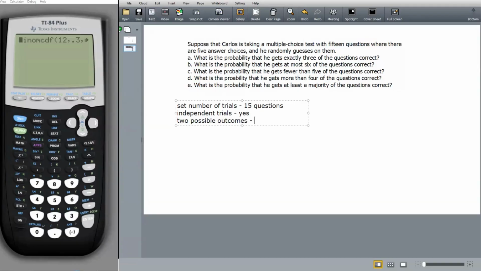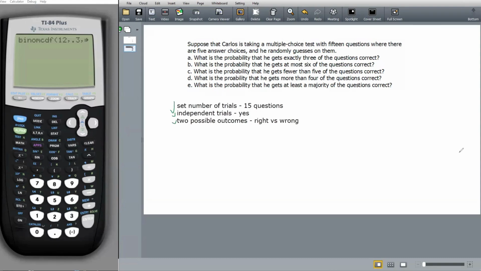Yes, I'm either going to get the question right or I'm going to get the question wrong. There are 5 answer choices, but if I am just guessing on those questions, my options are get it right and get it wrong. So because all 3 of my conditions are true, this is a binomial distribution.